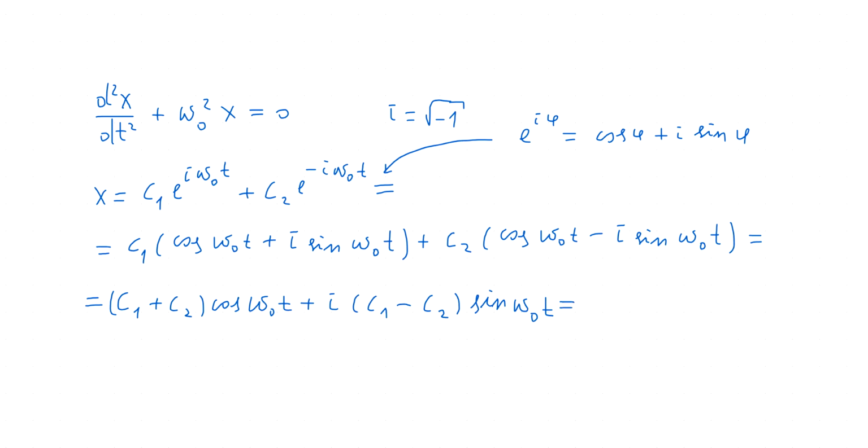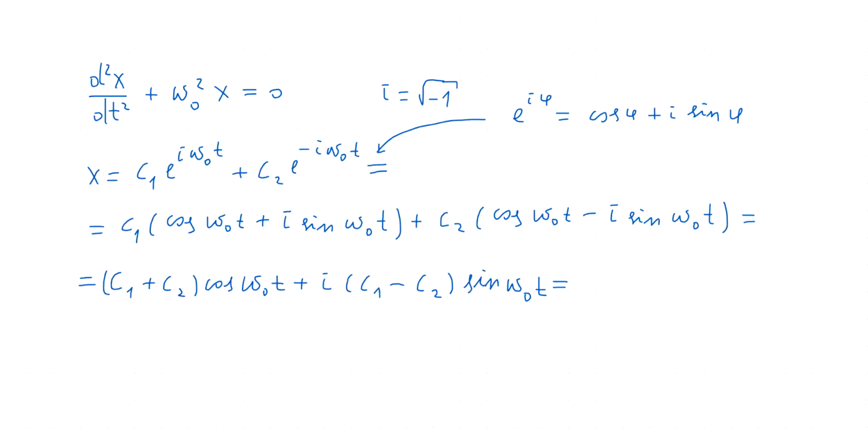Okay, and we may write C1 plus C2 as some value A cosine omega 0 t minus B sine omega 0 t.